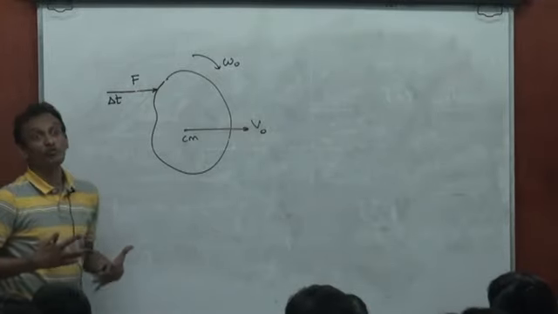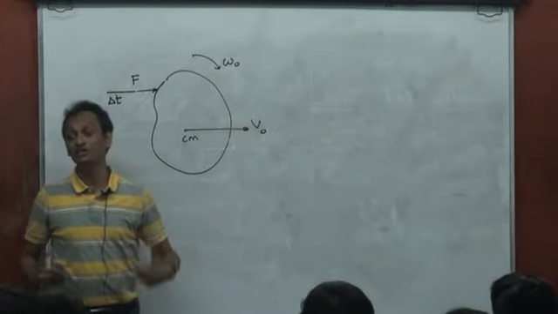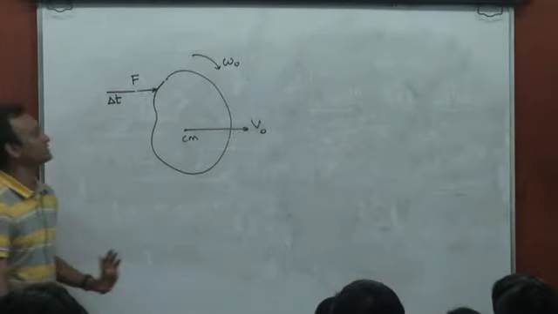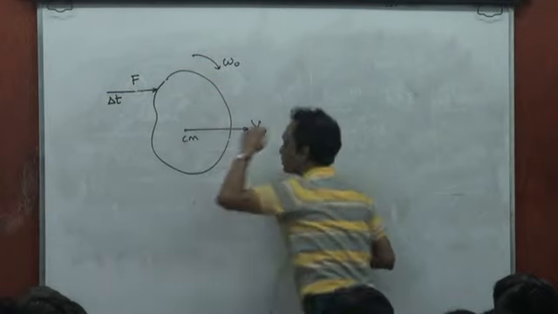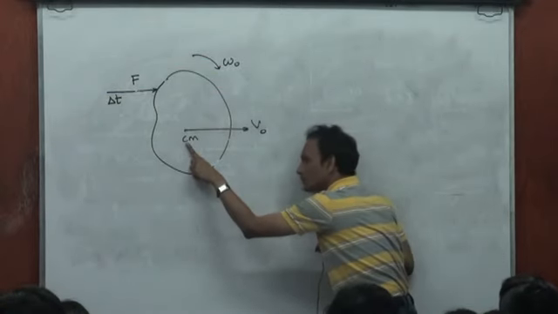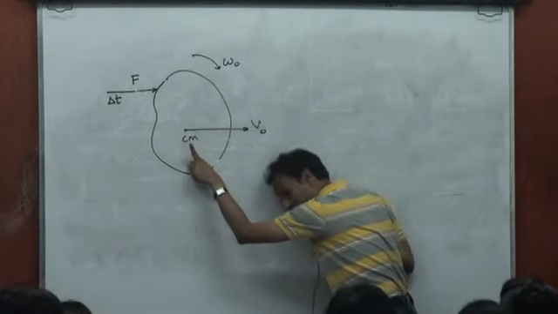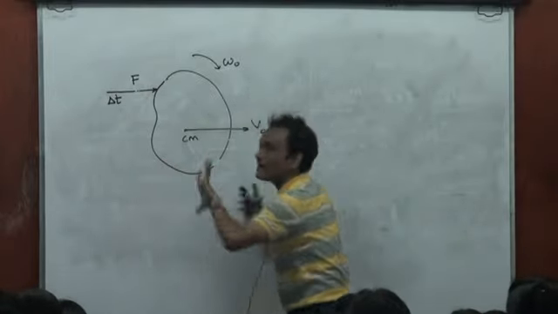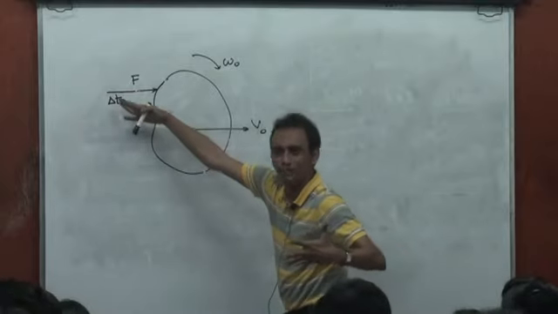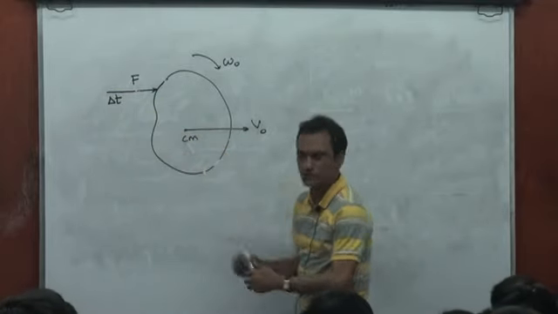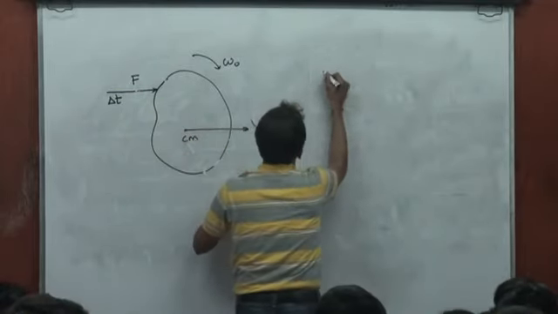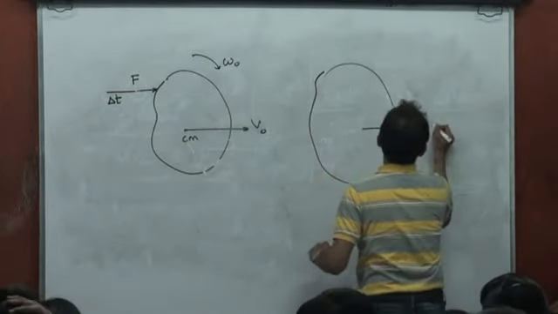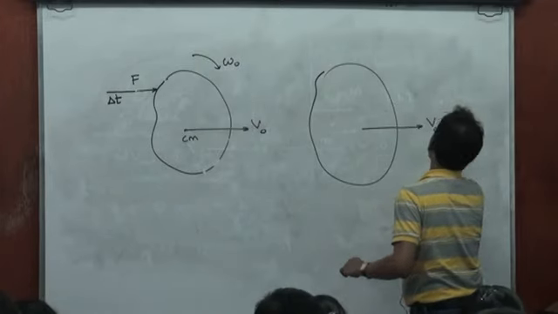Now, impulse of a force does what? It produces change in linear momentum, and the linear momentum would get reflected in the change of velocity of the center of mass. So right after the impulse, say VCM becomes VCM.